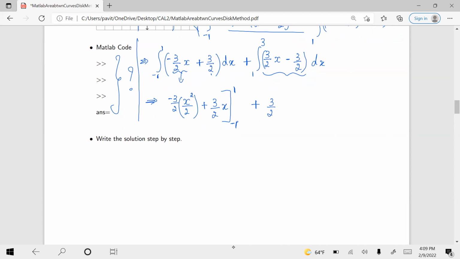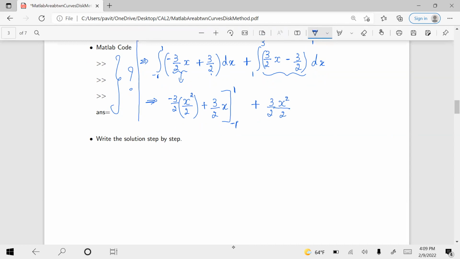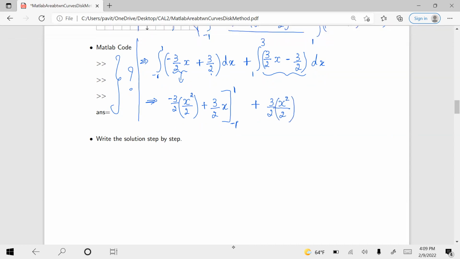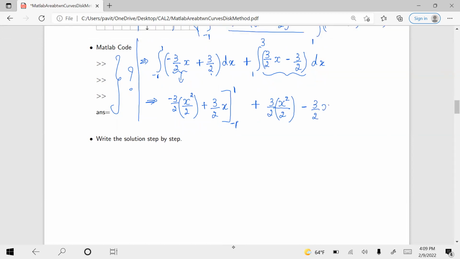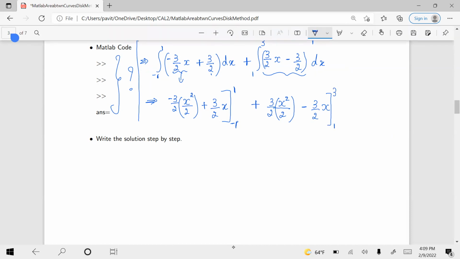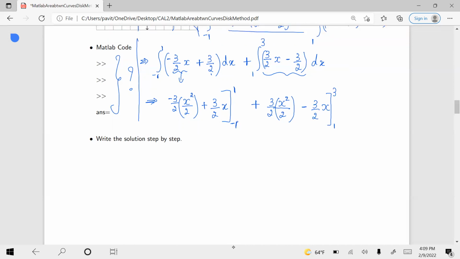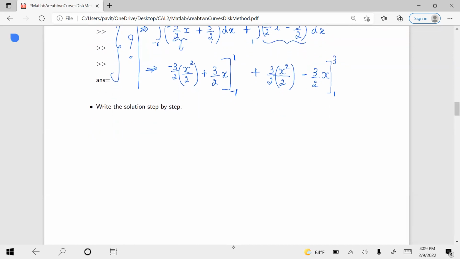You have x, integration of x is x square divided by 2. And then negative 3/2. Since it is a constant, you will get x. The dx will be removed immediately once you apply the formula, and then you still have limits to apply. Okay, understood till this part?